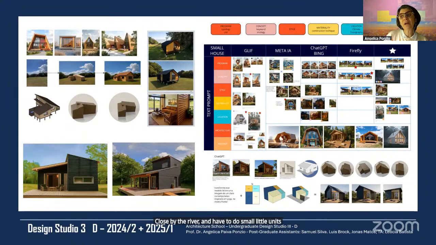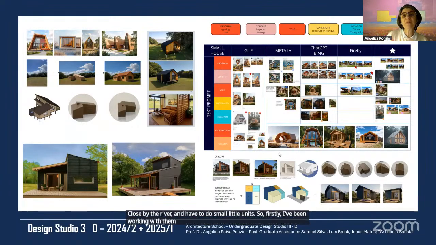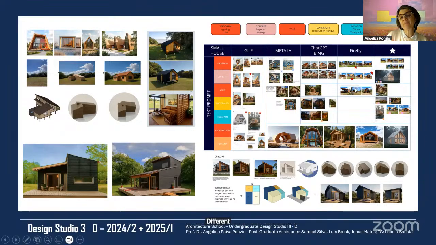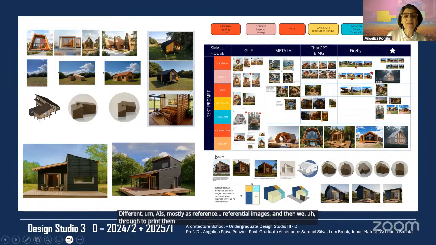So firstly, I've been working with them with this matrix where I have a pipeline for making a prompt, and then they try different AIs, mostly as referential images, and then we 3D print them, and they put pictures of the sites, and they try to do a little work with that.